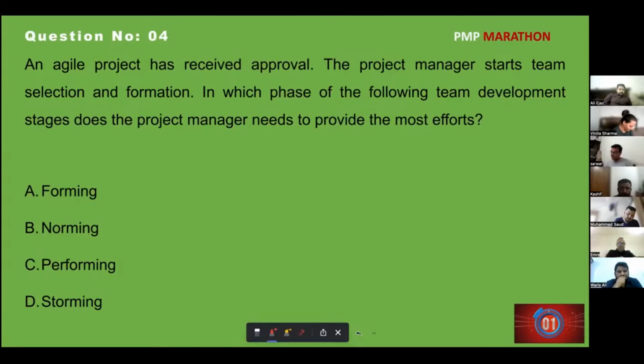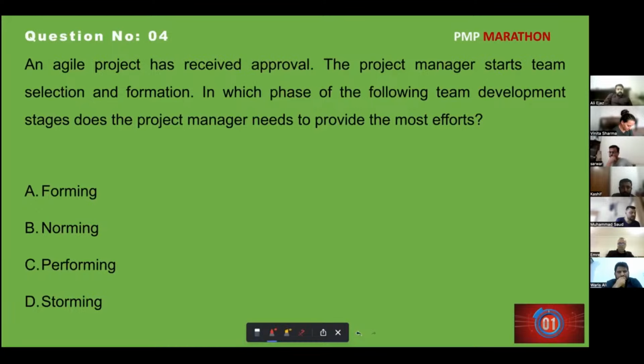Then norming is where the team members try to interact with each other, and there could be some agreements or disagreements. Then performing is where the team is at its best. And storming is where nobody is getting along with each other. Okay, good.